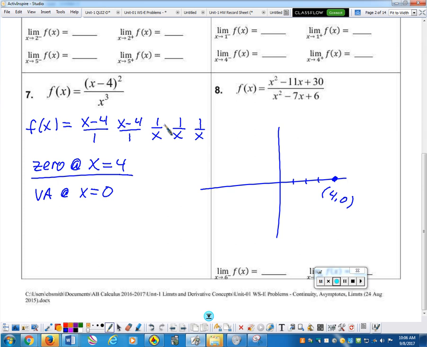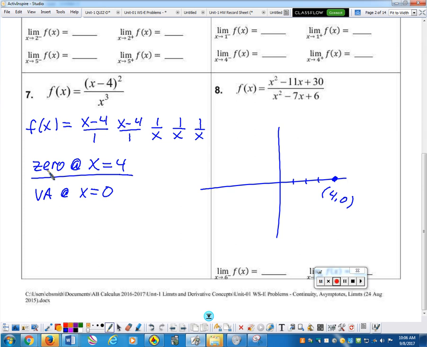Okay, I'll summarize it for you. Once the function can be listed as factors, factors that only occur in the numerator, as long as that factor can become 0 for some x, that will cause what's known as a 0.